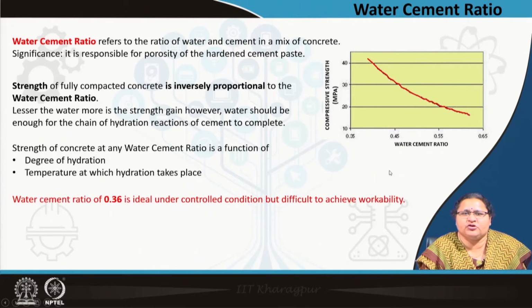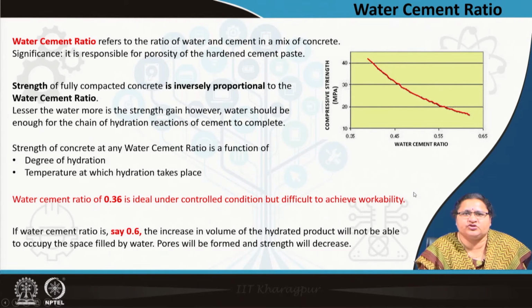A water cement ratio of 0.36 under controlled conditions can be achieved, but it is difficult to achieve workability, as I told you. And if the water cement ratio is, say, 0.6, the increase in volume of the hydrated product will not be able to occupy the space filled by water, pores will be formed, and strength will gradually decrease.